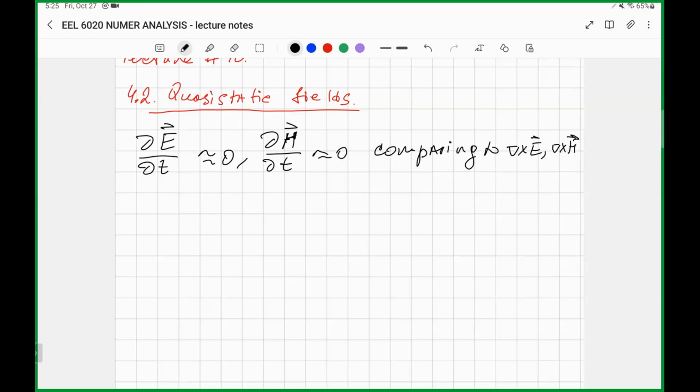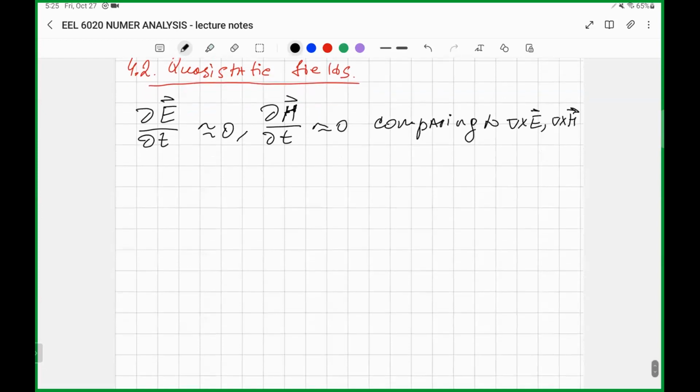So the dependence in space is much larger, stronger than the dependence in time.